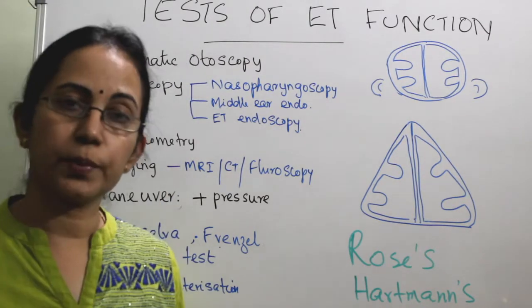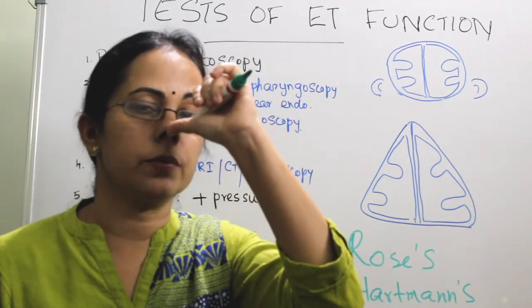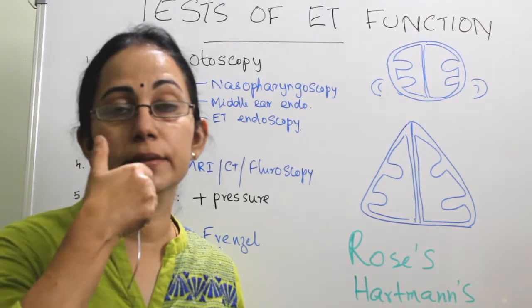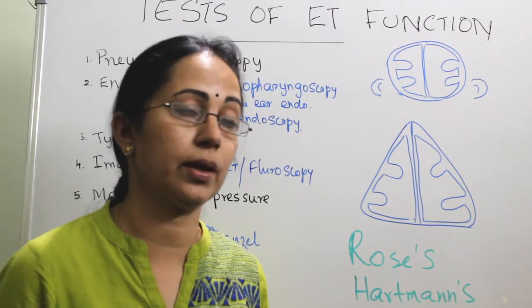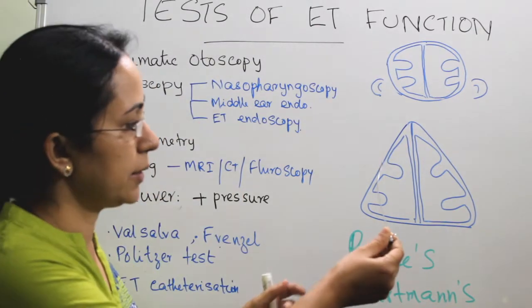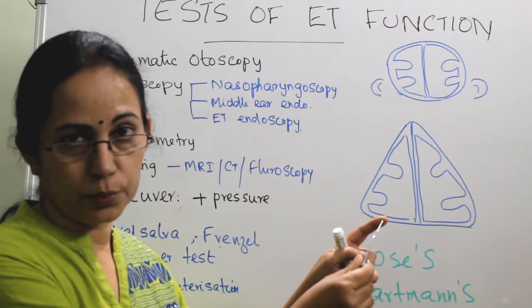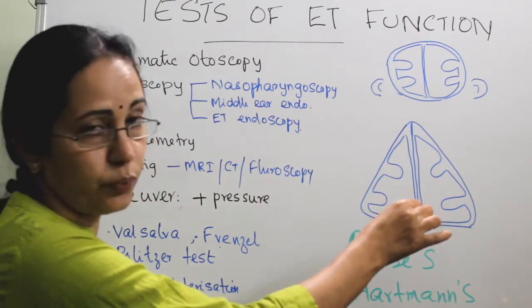For Eustachian tube catheterization, first elevate the tip of the nose with your fingers and spray the nose with 10% xylocaine spray or with 4% xylocaine. After elevating the nose, the tip of the catheter should be directed upward and introduced through the floor.